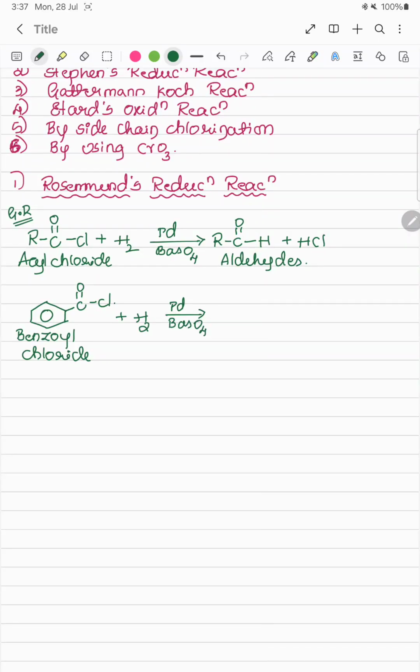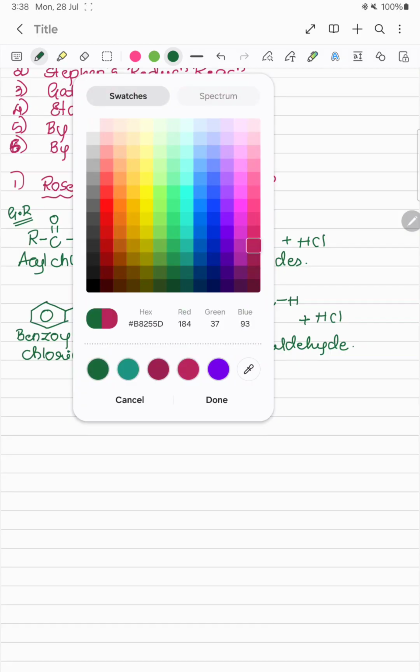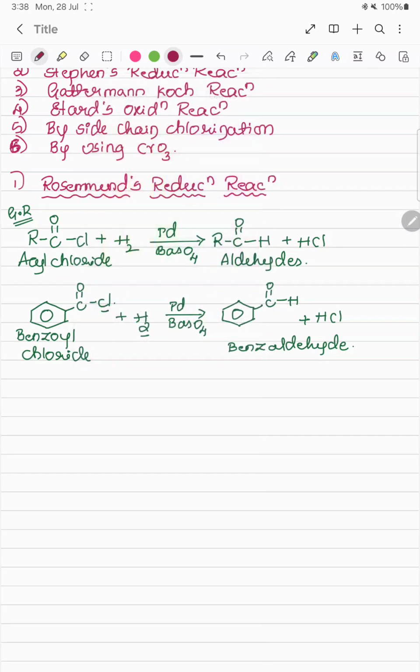You know what will happen? One of the hydrogen and Cl will eliminate in the form of HCl. If HCl goes, then you will be getting benzene with C double bond OH. This compound we call benzaldehyde. So this is one of the predominant reactions where you can cover a 2-mark question.